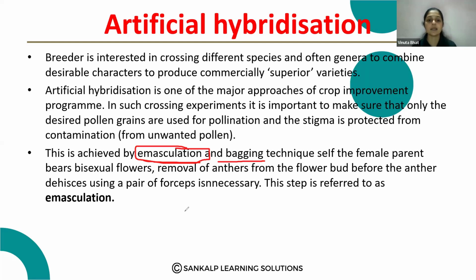The anthers are removed from the flowers before the anther dehisces, using a pair of forceps. Before they mature, the anthers are removed in the bud condition. That step is called emasculation.